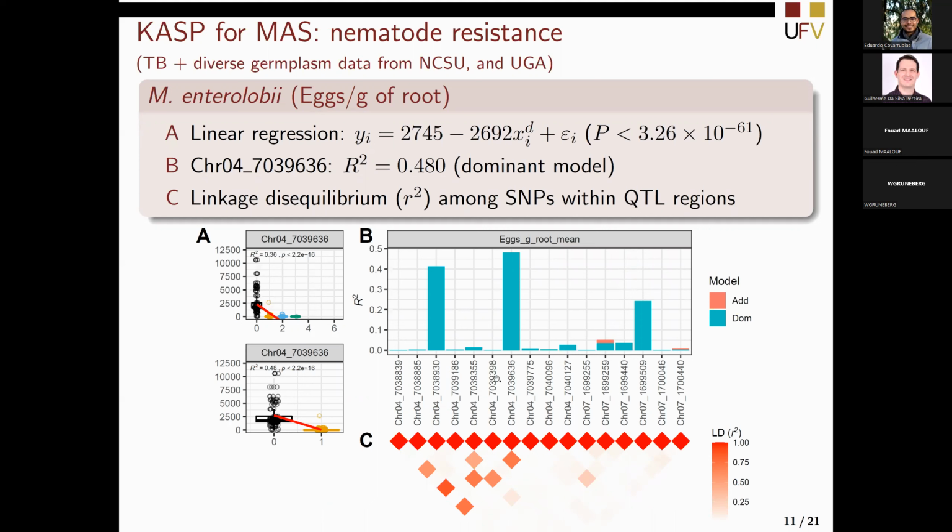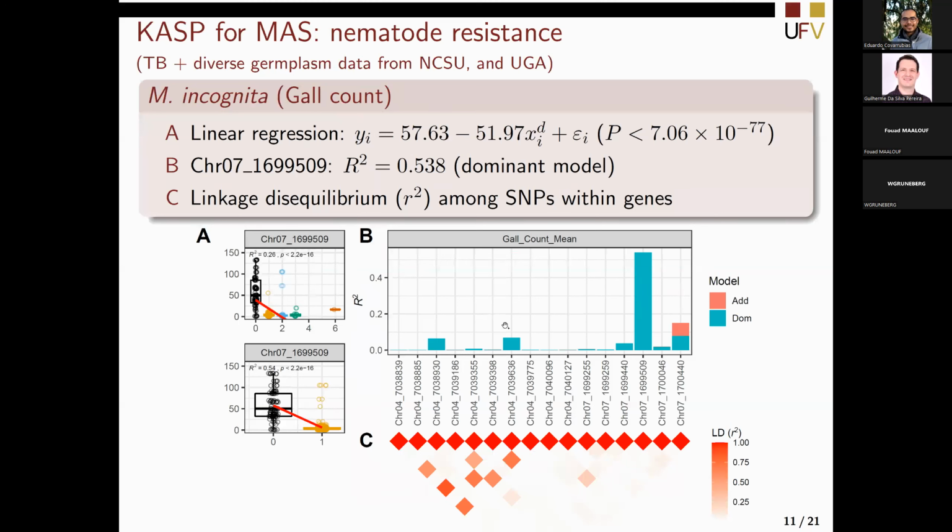So these first ones are on chromosome 4, which is associated with Meloidogyne enterolobii resistance. So it's looking pretty nice. And also for the Meloidogyne incognita, I just talked about, we also found one of these SNPs that can explain a lot of the variation here, right?